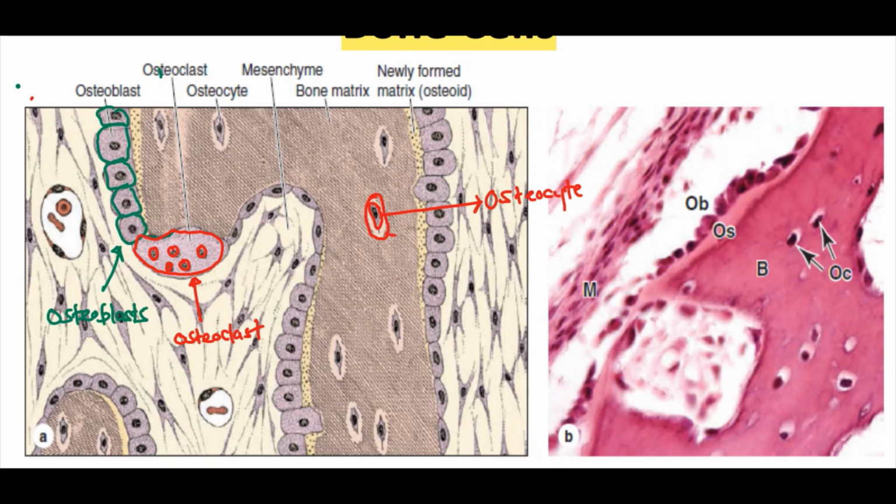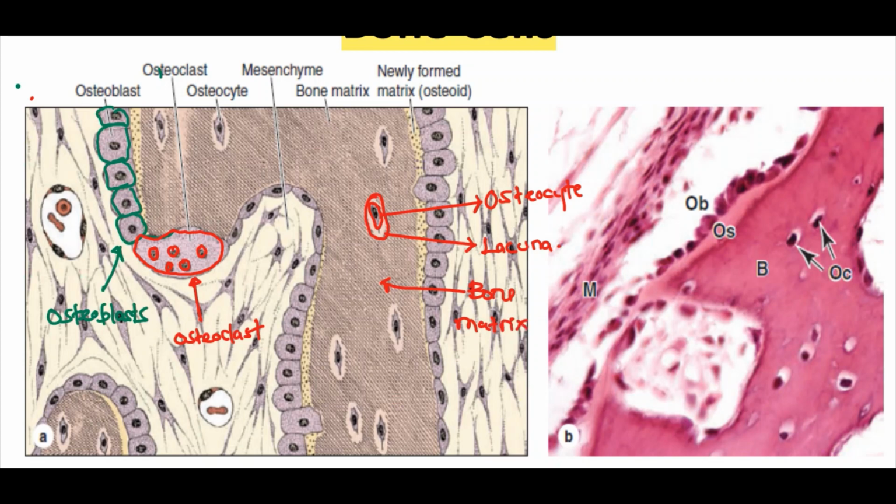This space where the osteocyte is what we call the lacuna. It's like a nest for the osteocyte. And then this is the bone matrix here.